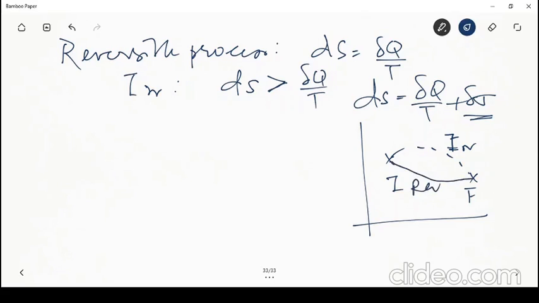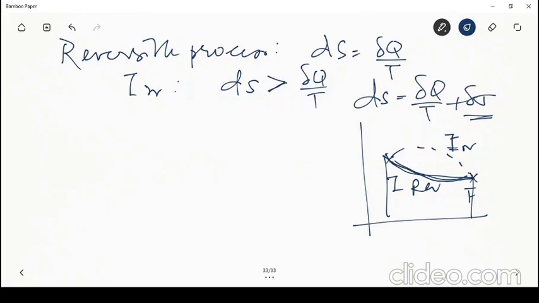So if I want to calculate the entropy change from I to F, which is SF minus SI, that can be the integral of delta Q by T along the reversible path, and that will also be the same as the entropy change along the other path, because entropy is a state function, it only depends on I and F and not the path. That is the factor that we take advantage of in evaluating the entropy change for an irreversible process.